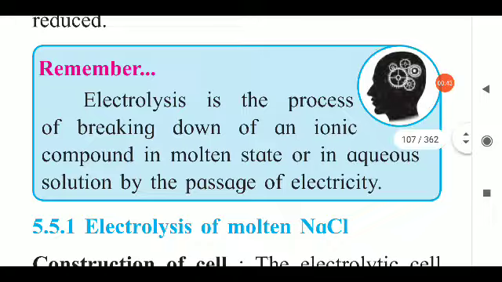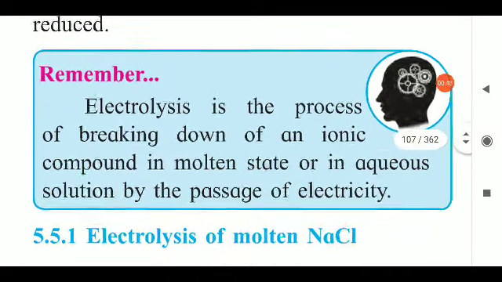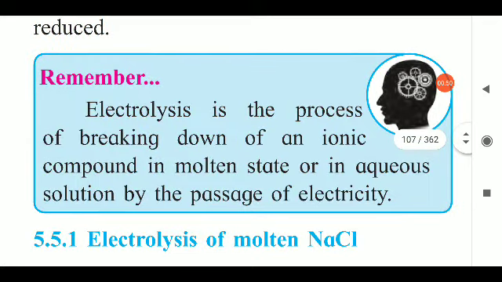What does it mean? If we go in detail, we have to understand this point very clearly. This is nothing but when NaCl, which is in solid state, we have to dissolve it into its corresponding polar solvent, as this compound can dissolve in polar or ionic solvent.